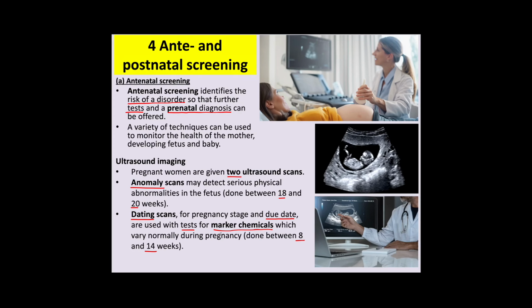From my own experience, they're usually done at 12 and 20 weeks. So I always say to my students, if you only want to remember two numbers, remember 12 and 20. But the SQA give you a range here of 18 to 20 for the anomaly scan and 8 to 14 for the dating scan. And you can see a couple of images here showing you what an ultrasound scan looks like and what the procedure itself looks like up here as well.